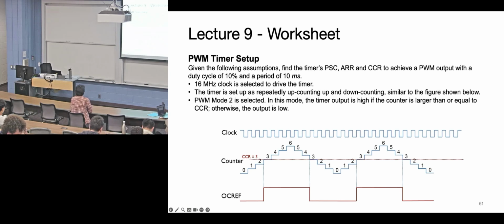Well, I'm just applying the math. It's 1 minus CCR over ARR. But this is the thing I was trying to do. Like my timer goes from 0 to 5, and then it triggers only on 5. Or no, it's like it goes up like this. This is the one that's high enough, and then it goes back down. But according to this formula, that gives you a duty cycle of 0.